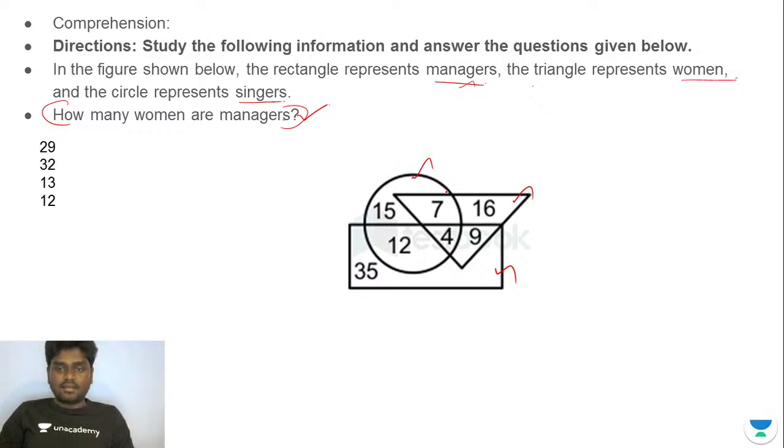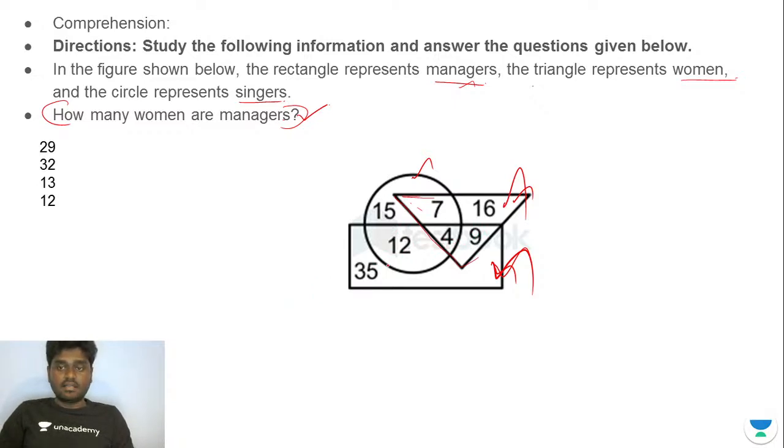I know the fact that the complete persons inside the triangle, this part, are actually women, and the complete persons inside the circle are actually singers. Right?